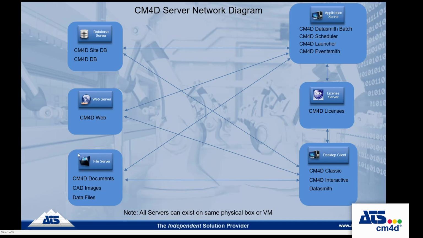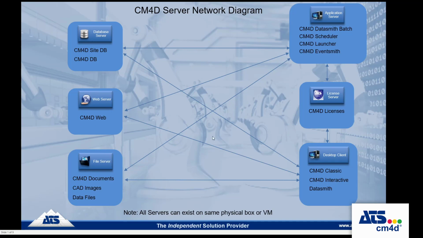And then finally, you would have a file server that's used to hold the content generated by CM40 Classic through the end users' creation of CM40 templates or the automation's creation of PDFs, as well as a lot of support files such as the CAD images that the reports would use, any standards that can be saved off within the CM40 software, or archived data that has been uploaded into the CM40 database through Datasmith Batch.